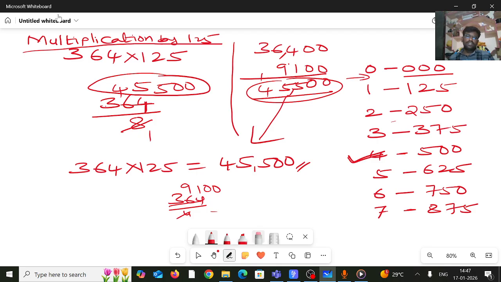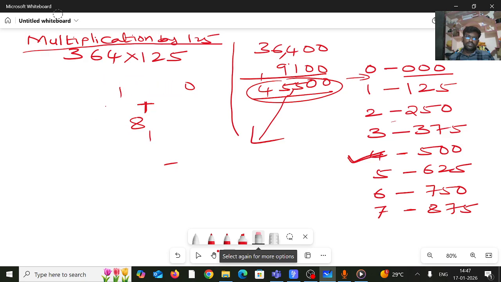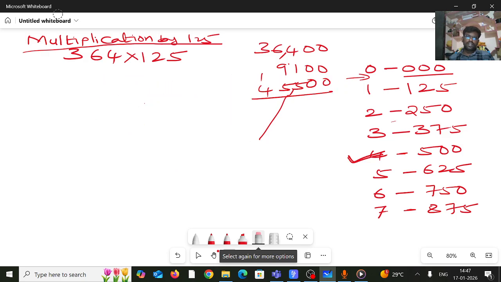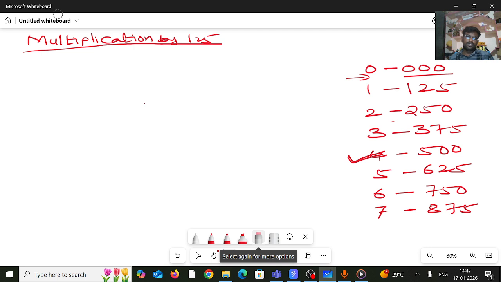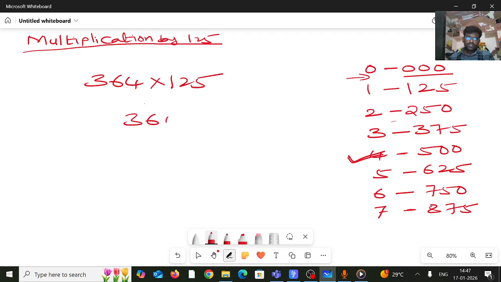The reason behind this method is, you can go for that phenomenon also. The reason behind this technique is when I am multiplying by 125, I am writing this 125 as 1000 by 8.